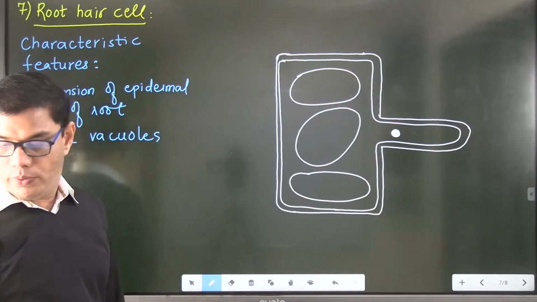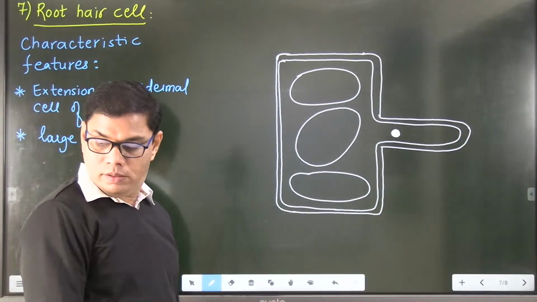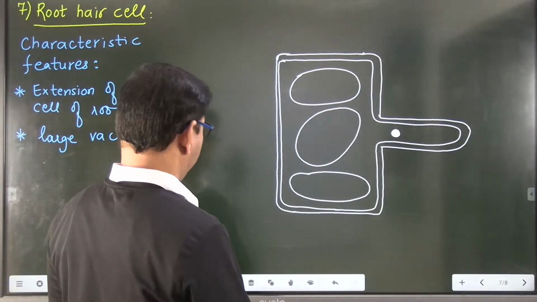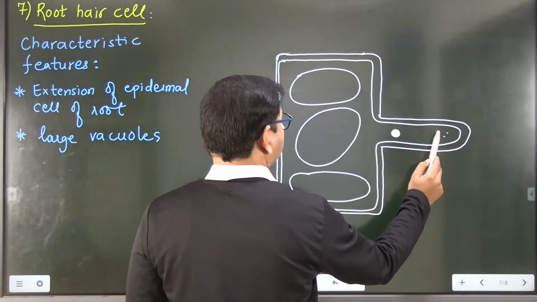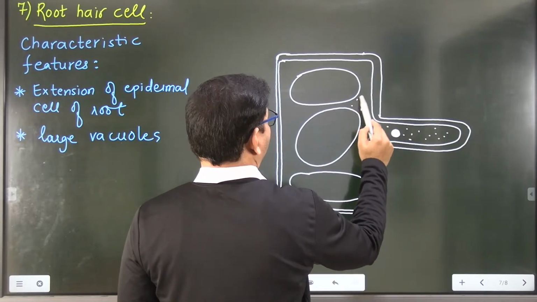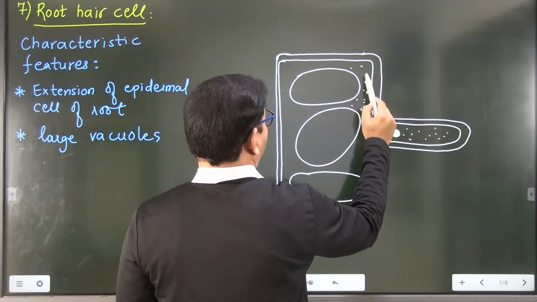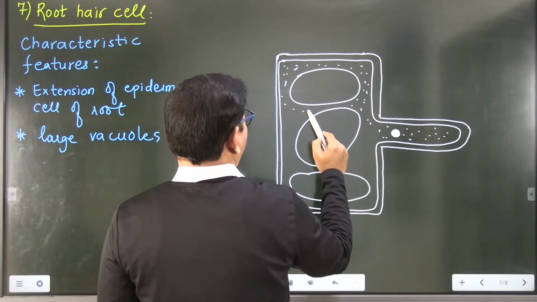Okay, large vacuole. That's it. And cytoplasm. Correct?